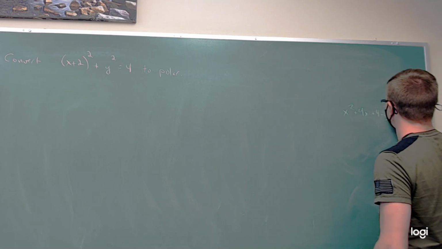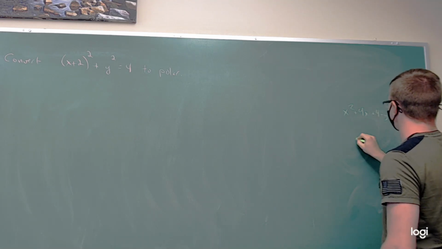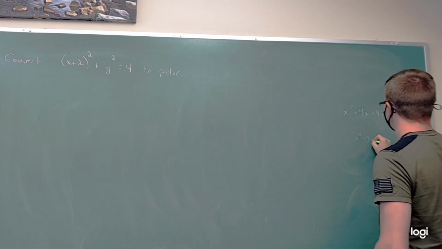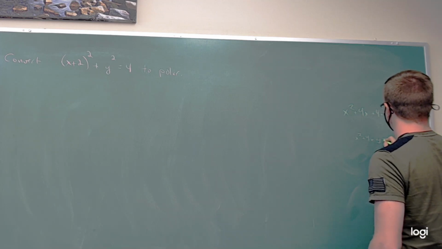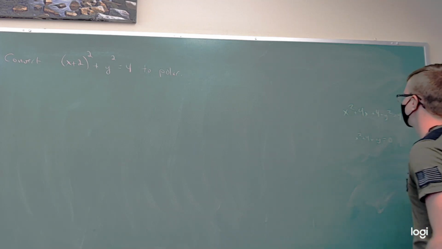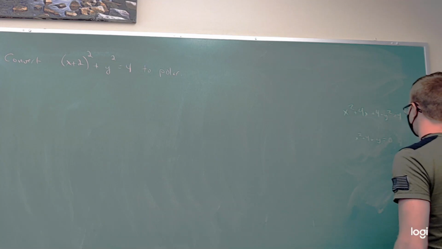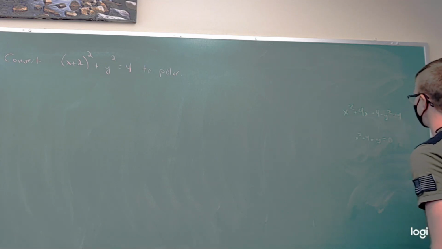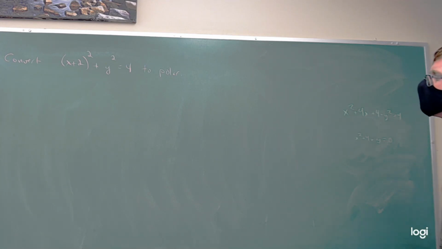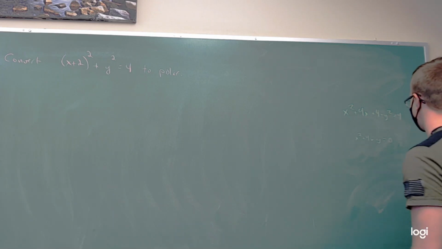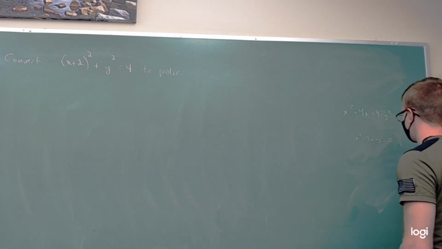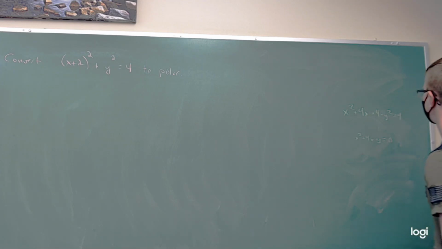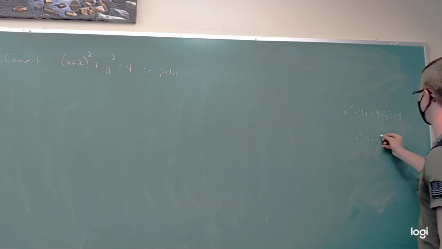Almost as if we just tried to reconstruct the problem. You would think so. Okay. So that's just going to be r squared equals negative 4x.